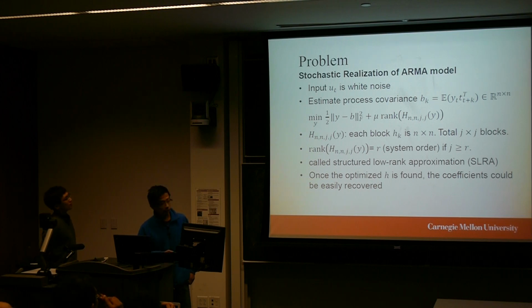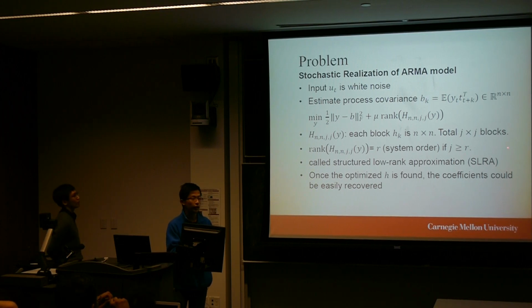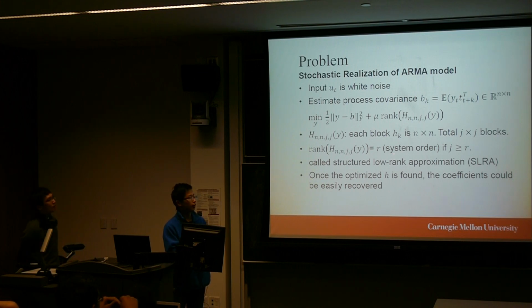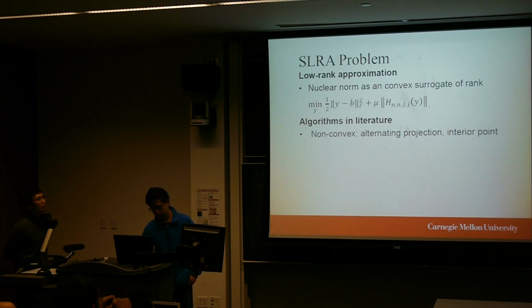We can show that if we truncate the Hankel matrix with R elements greater than the true system order, then the rank is exactly equal to the system order. Once we find this H, the coefficients can be recovered by off-the-shelf methods found in textbooks.